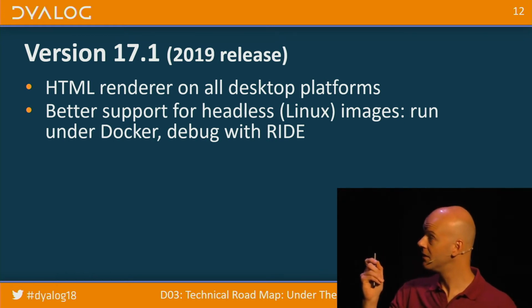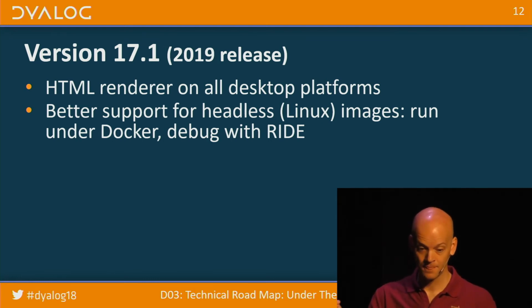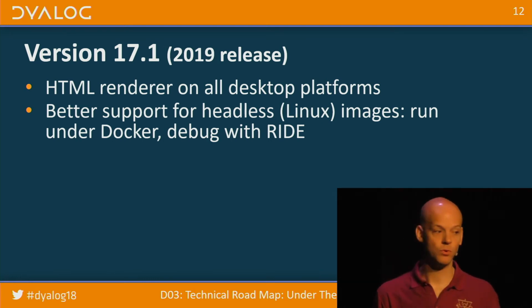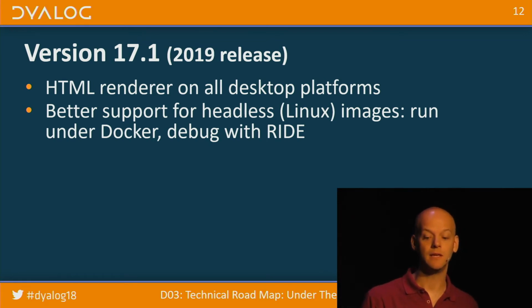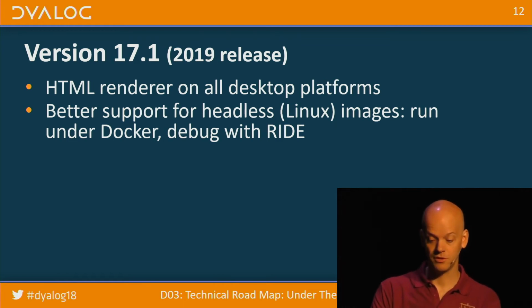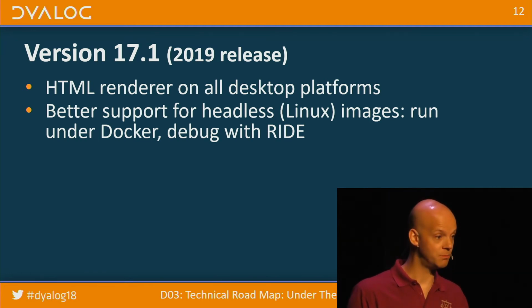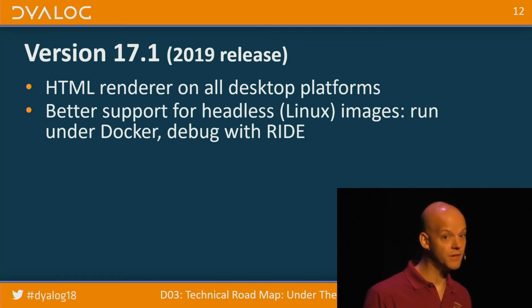And the other thing we'd like to do for version 17.1 in particular is to get better support for running APL in headless mode. That is, running it in a Docker container, running it in the cloud where there is no user interface. Now, Morten's shown demos of this already, so it does work. There's a workshop, I think, on Thursday afternoon concentrating on this, so you can see for yourself that it does work.